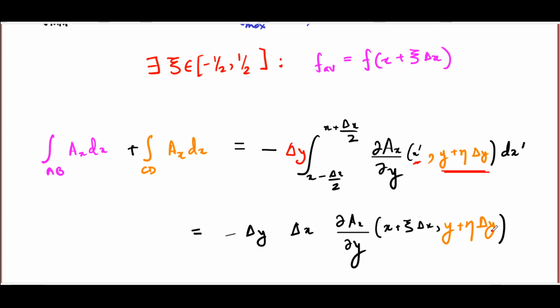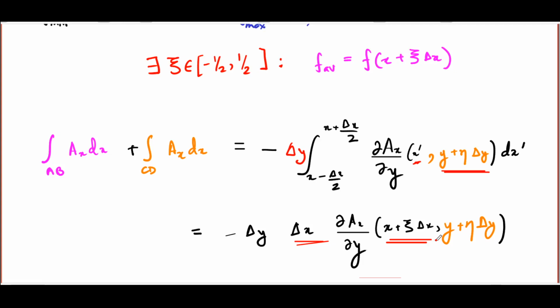According to the theorem that we have just proven, this integral will have to be delta x times the value of this integrand somewhere in between. That is at some x value in between, at x plus xi delta x, where xi is between minus half and plus half. You are going to get this as an exact result.